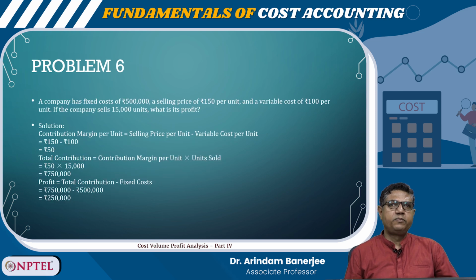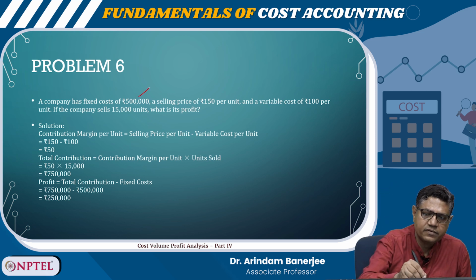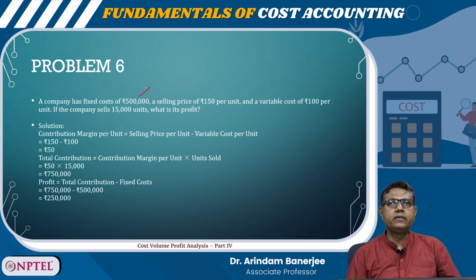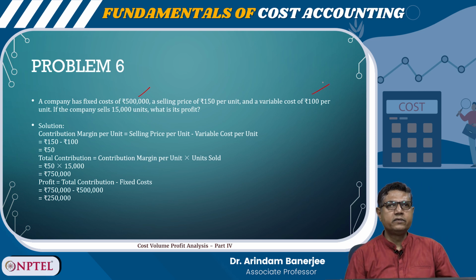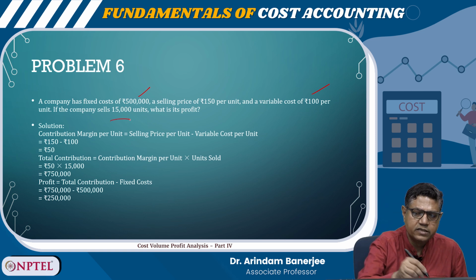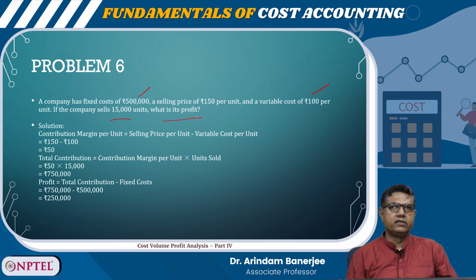Next problem, sixth problem. The company has a fixed cost of rupees 5 lakh, a selling price of rupees 150 per unit and a variable cost of 100 per unit. If the company sells 15,000 units, what is its profit?